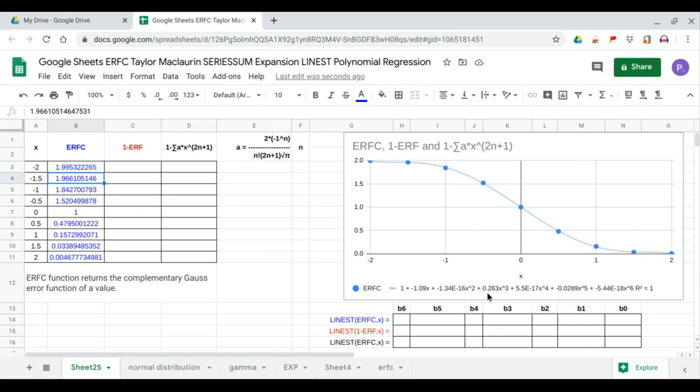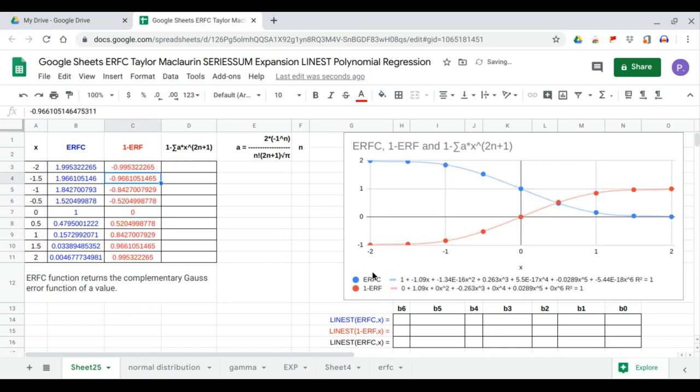We can get this same value using the ERF function. First, we enter the ERF function, the dataset of ERF, array formula, ERF of the x values. So in red, you have the ERF values.